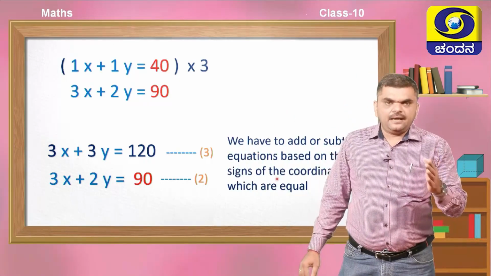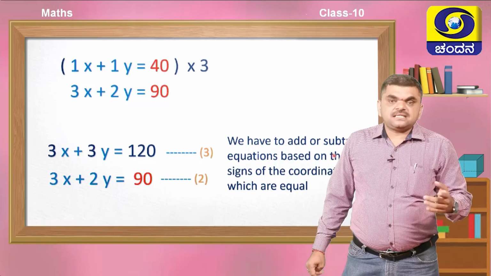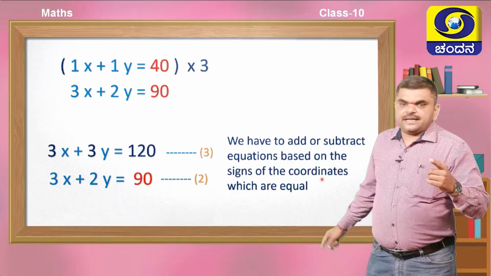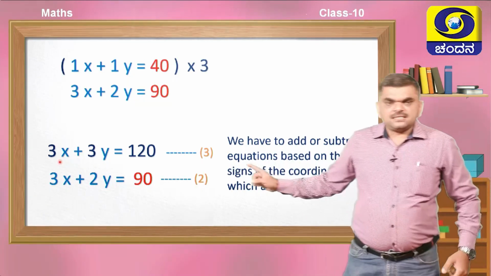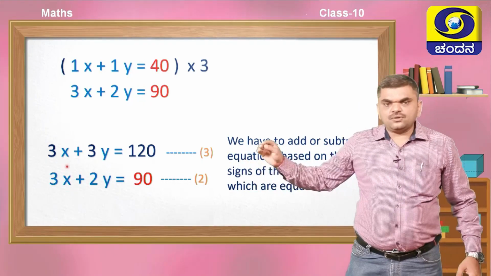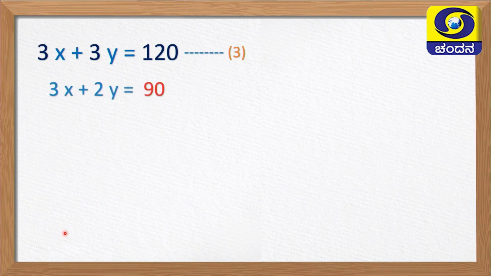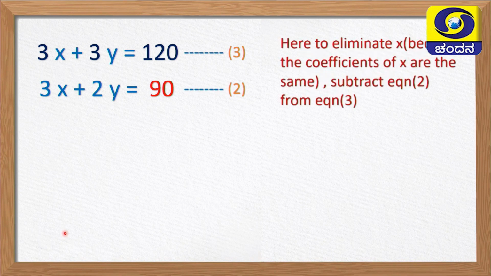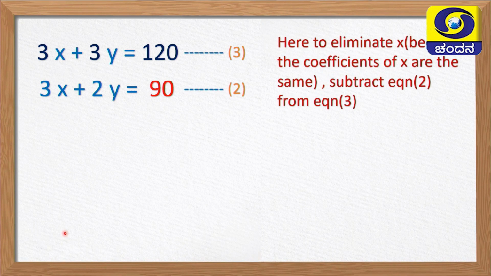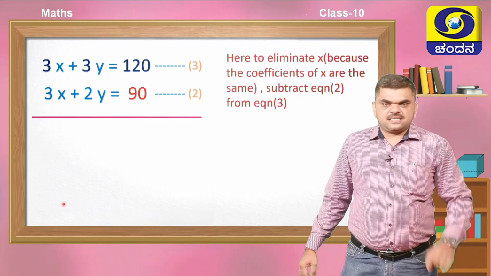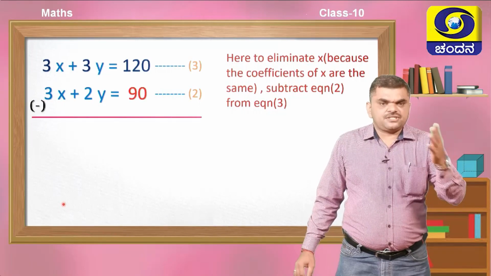We have to add or subtract equations based on the signs of the coefficients which are equal. Here both the signs of 3x are plus. So, in order to make them opposite, I am subtracting equation number 2 from equation number 3, so that I may get, yes, observe here, children. To eliminate x, because the coefficients of x are the same, subtract equation number 2 from equation number 3.